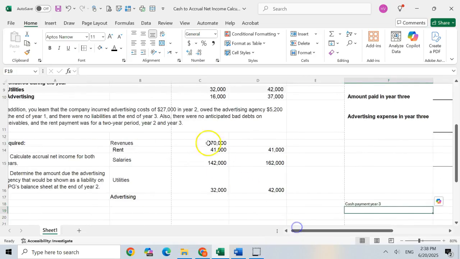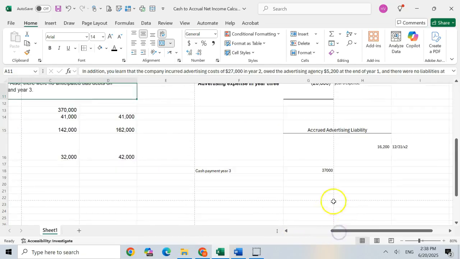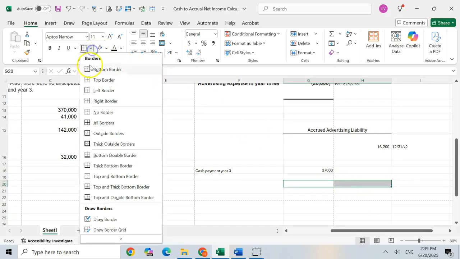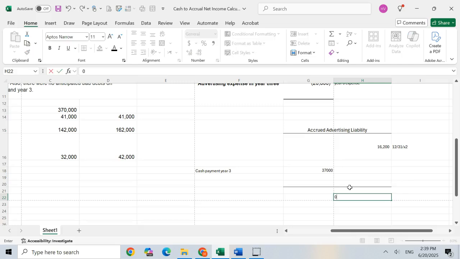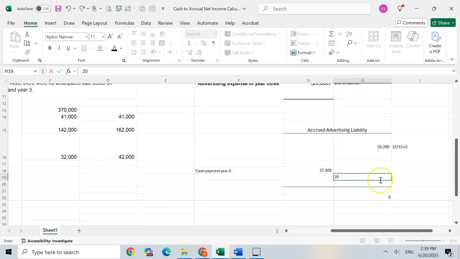And then we were told in the additional information that there were no liabilities at the end of year 3. So if I look at my T account here, my accrual was 0, we're told. So if I had a starting accrual at 12/31/X2 of $16,200, and I had a payment for $37,000, which would be a debit, and the end was 0, I know I must have had an accrual for $20,800 to make that 0.